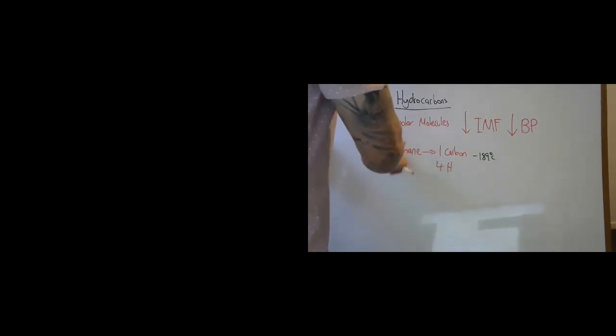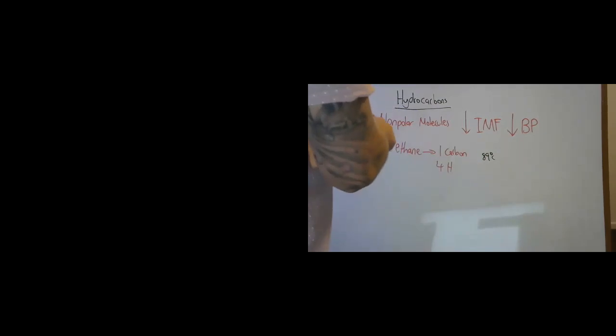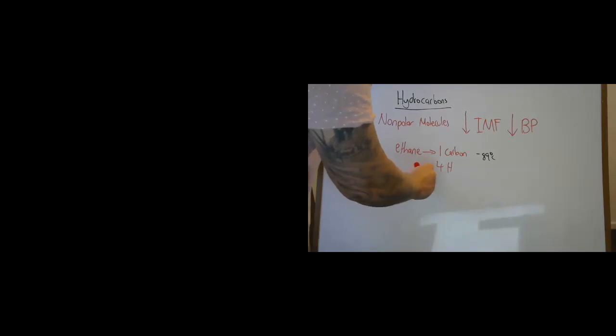If we take a look at, actually let's look at ethane, probably a better example, it is minus 89 degrees Celsius. If we were to have an alcohol group attached, it still only has one carbon, but it has hydrogen bonding.